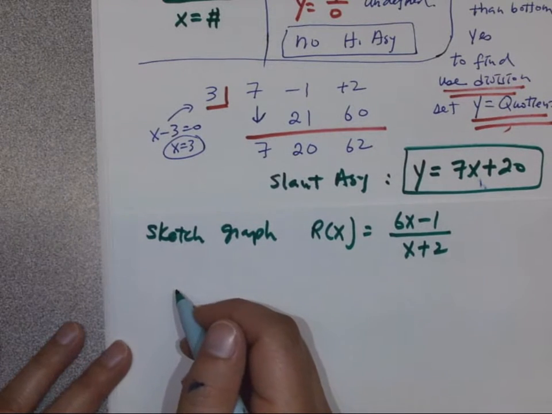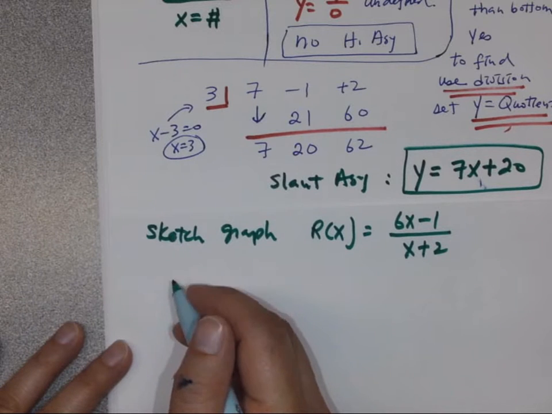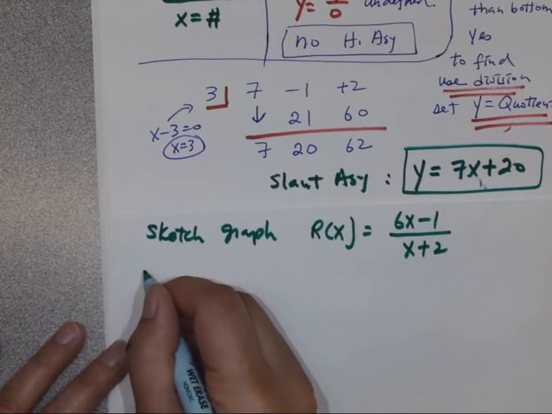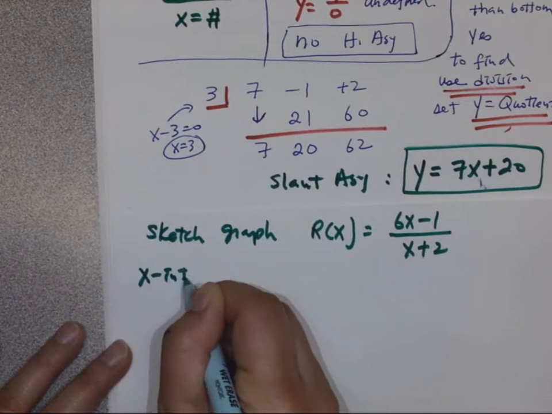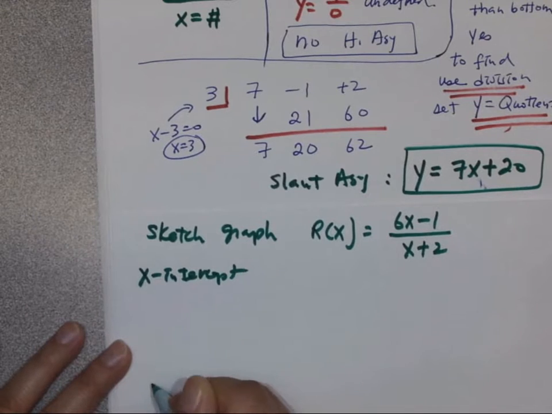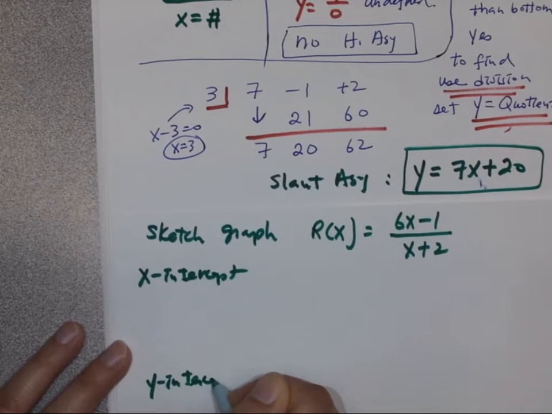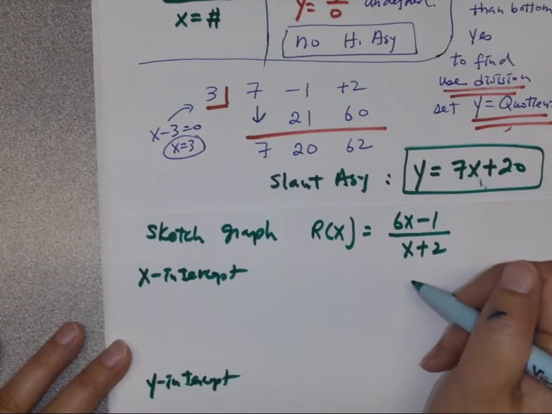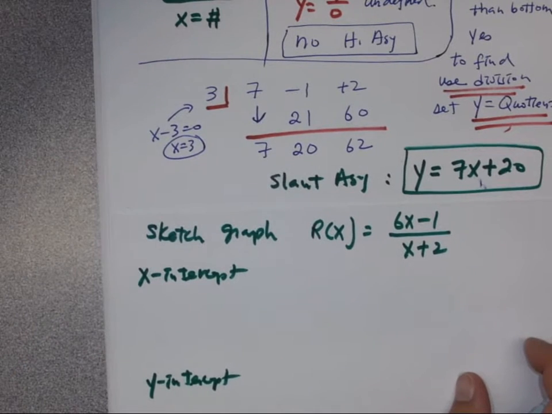If they say all the intercepts, what kind of intercepts would that include? Y-intercept and x-intercept. So x-intercept, y-intercept, and then they want to know the asymptotes. What kind of asymptotes can I have?